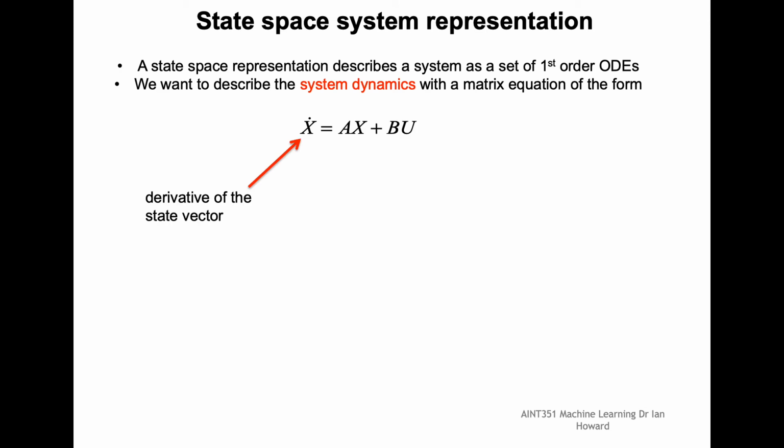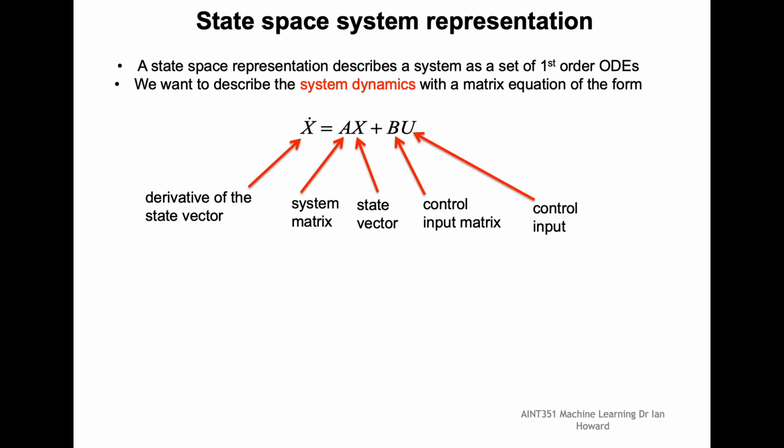So, just to point that out one more time, two very important equations, you need to know these off by heart. x dot, where x is a vector of states, x dot equals Ax plus Bu, where A is the system matrix, x is the state vector, B is the control input matrix, and u is the control input vector.